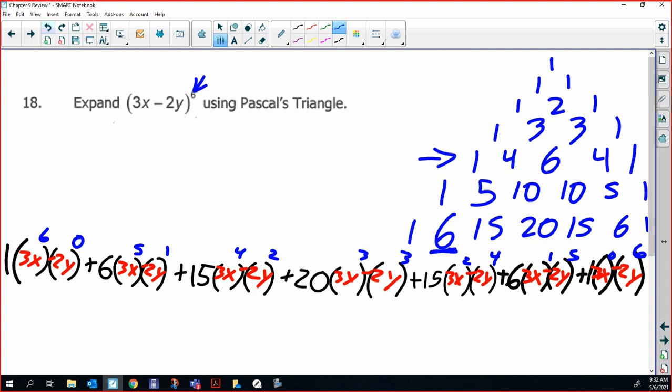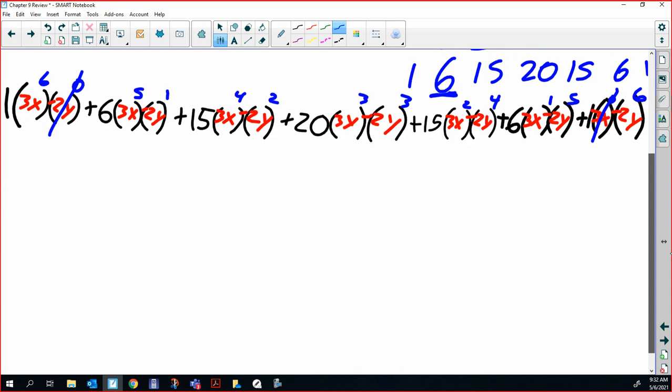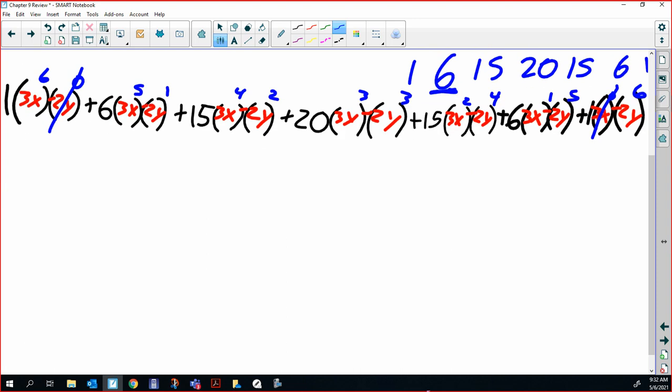All right, and now it's just a whole lot of calculation. So 0 power, you can cross those things out because they're not needed. So we have 1 times 3x parentheses to the 6. So we need 3 to the 6, x to the 6. 3 to the 6 is 729.